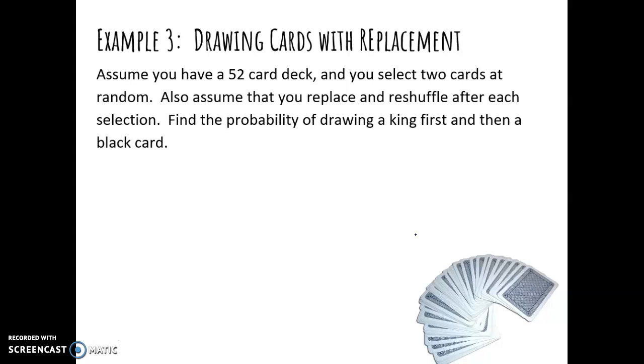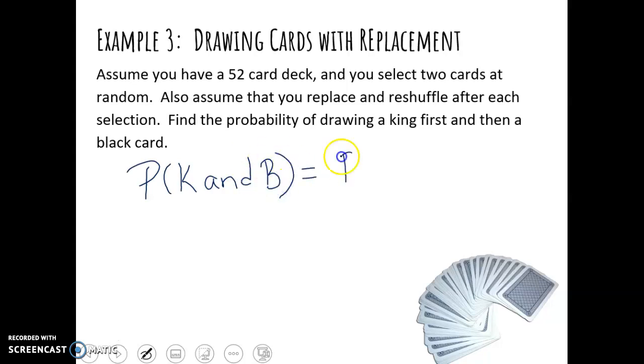Okay, we're finding the probability of a king and then a black card after, that's with replacement. So find the probability that the first one is a king, find the probability that the second one is a black card, and we multiply the 2 probabilities together. So there are 4 kings out of 52. You can reduce that if you want to 1 over 13.